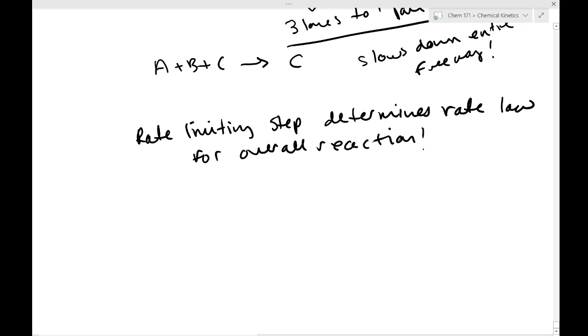So if we can just figure out the kinetics for the rate limiting step, we know the kinetics for the entire reaction, which is super useful.